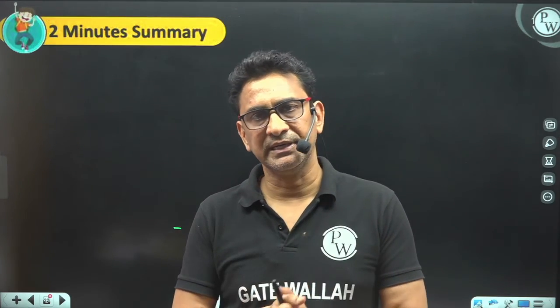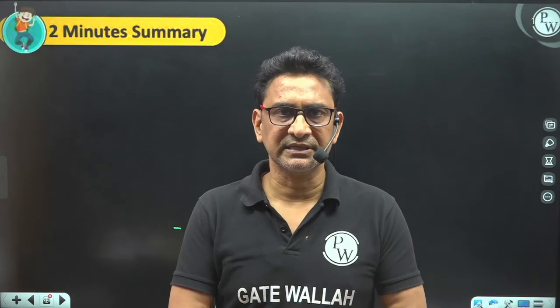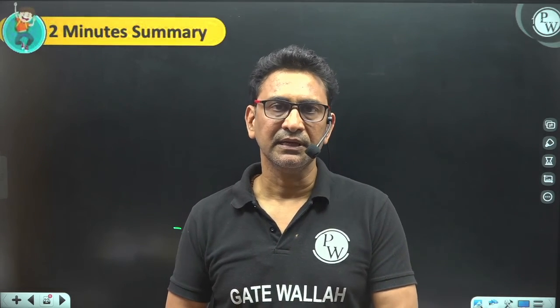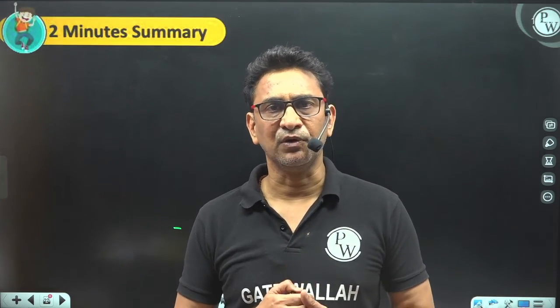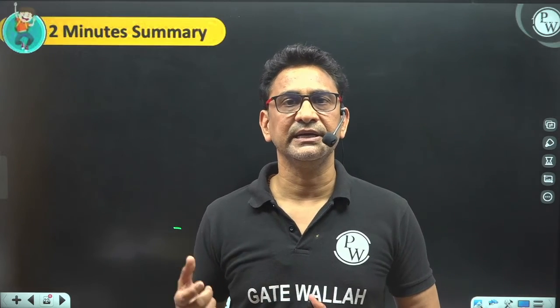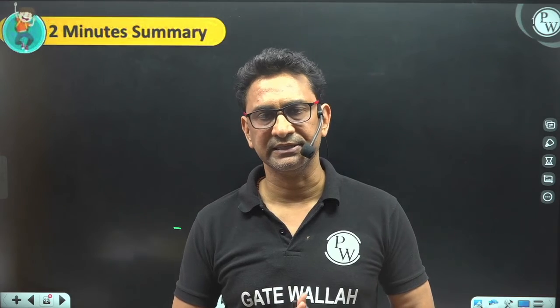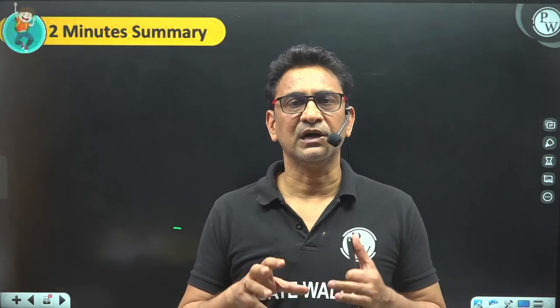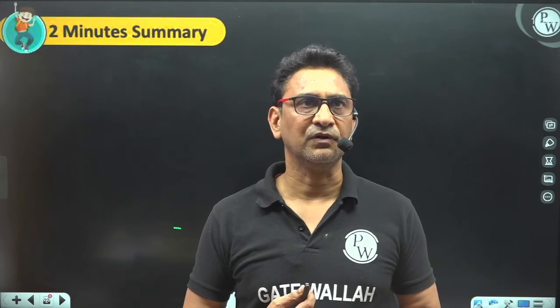So always remember, in every type of fault, whether symmetrical or unsymmetrical, the positive sequence current always flows. The negative sequence current flows only when the fault is unsymmetrical in nature. And the zero sequence current flows when the ground is involved in the fault.